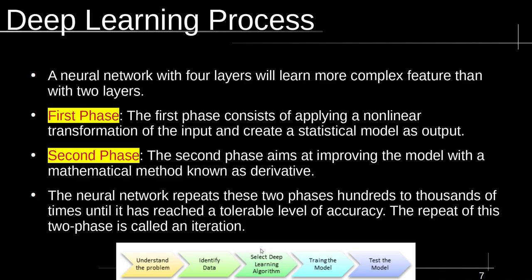A neural network with 4 layers will learn more complex features than 2 layers. So the more hidden layers are involved, the more your model's accuracy will improve. That is why try to put in more hidden layers. But the problem with hidden layers is that they require huge computation.